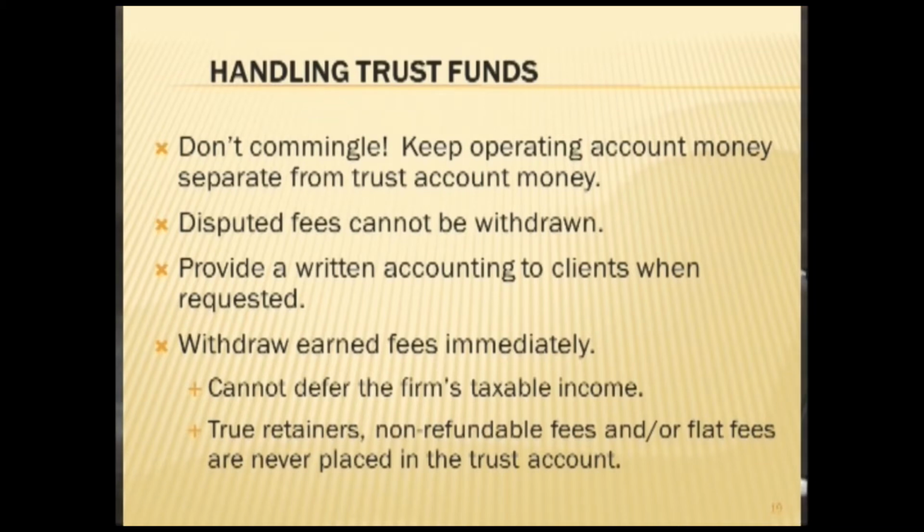Now, on the other hand, a client may give you a payment that includes both earned fees and an advance fee payment and a cost deposit. So, for instance, the client gives you $7,500 and the fee agreement is that $2,000 of it is non-refundable and earned upon receipt, and $5,000 is an advance fee payment after a certain point in time in the case, and then finally $500 is an advance cost deposit.